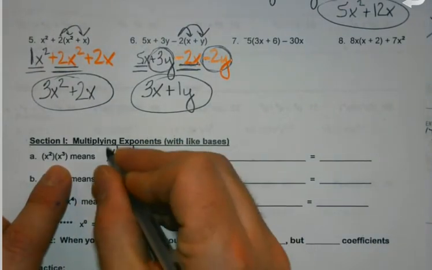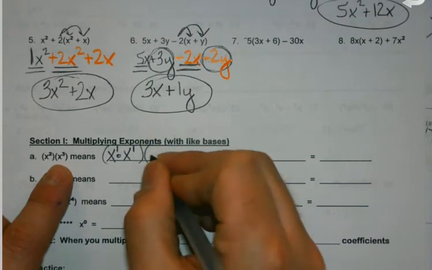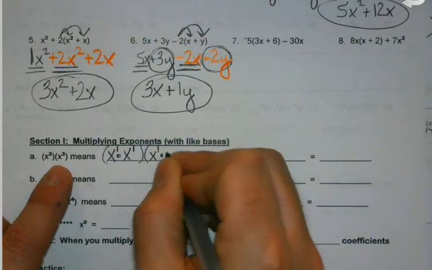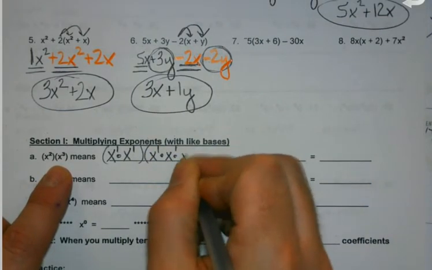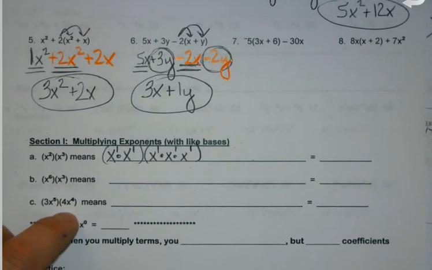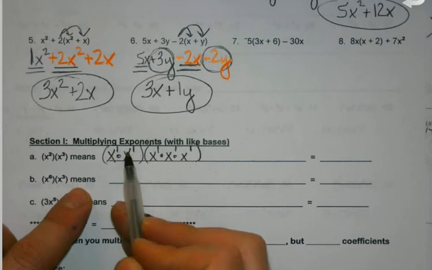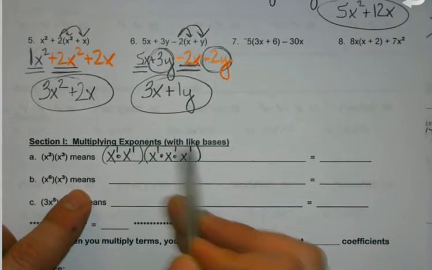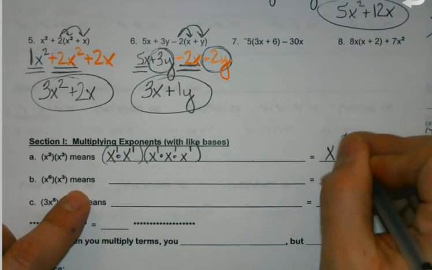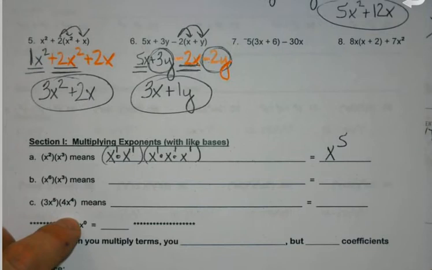And this x to the third means I have 3 of them. So x times x times x. And what that actually lets me in on is, well, how many do I have? I got 1, 2, 3, 4, 5. So that's going to be x to the 5th.